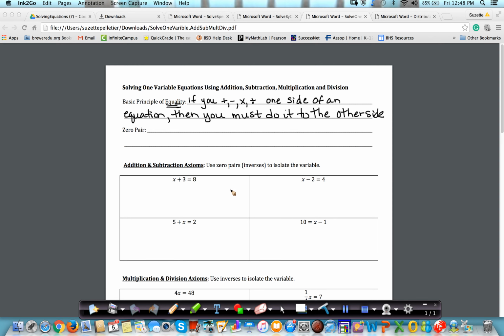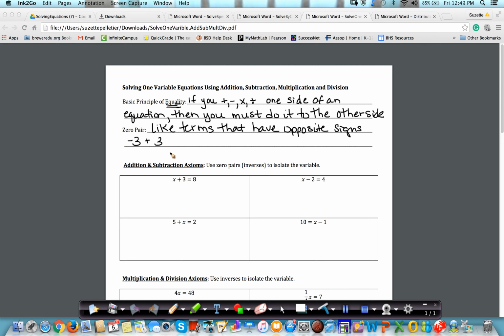And so the other word you're going to hear me say a lot, and some of you may or may not have heard this before, is a zero pair. Zero pairs are like terms that have opposite symbols or opposite signs. So for example, -3 and +3.